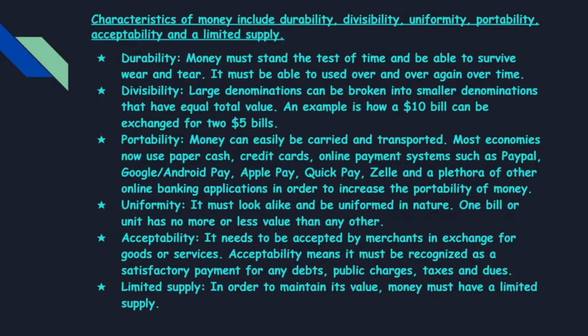Acceptability means that it must be able to be accepted by merchants in exchange for goods or services. Acceptability also means that it must be recognized as a satisfactory payment for any debts, public charges, taxes, and dues. In order for money to maintain its value, money must have a limited supply.